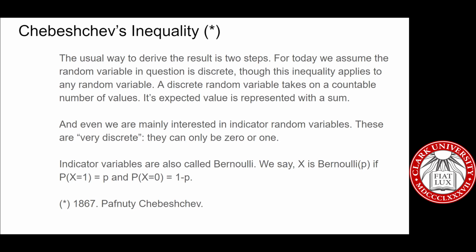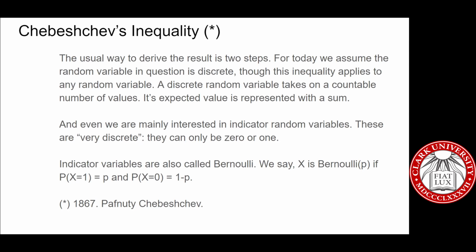The usual way to derive the inequality is in 2 steps for today, because all the examples we're doing have discrete random variables. A discrete random variable is defined to be any variable that takes on a countable number of different values. It can take on all integer values, or a finite set of values, but it can't take on an uncountable number of values.